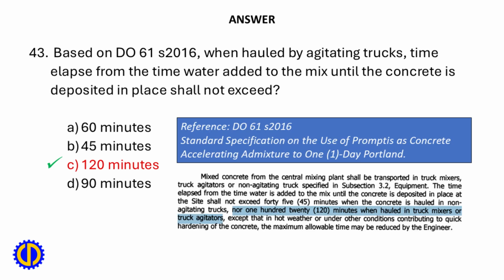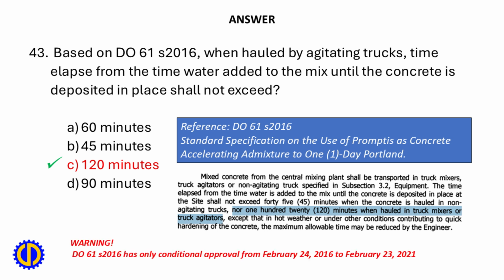C. 120 minutes. Reference, DO 61 S 2016, Standard specification on the use of promptus as concrete accelerating admixture to 1-day Portland. Warning, DO 61 S 2016 has only conditional approval from February 24, 2016 to February 23, 2021.